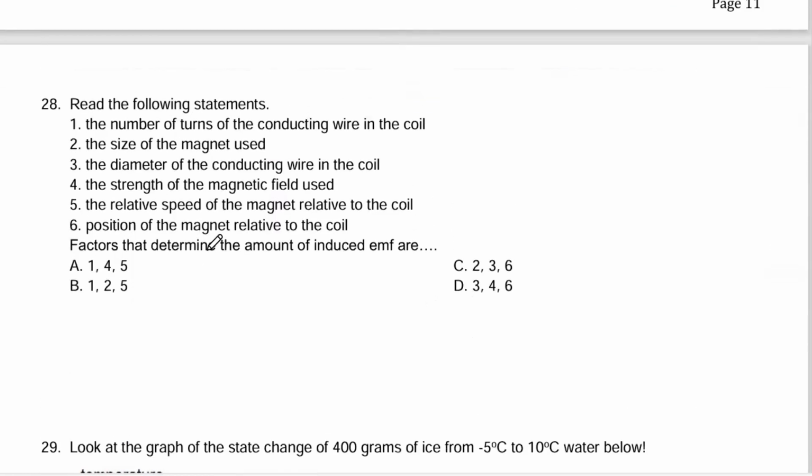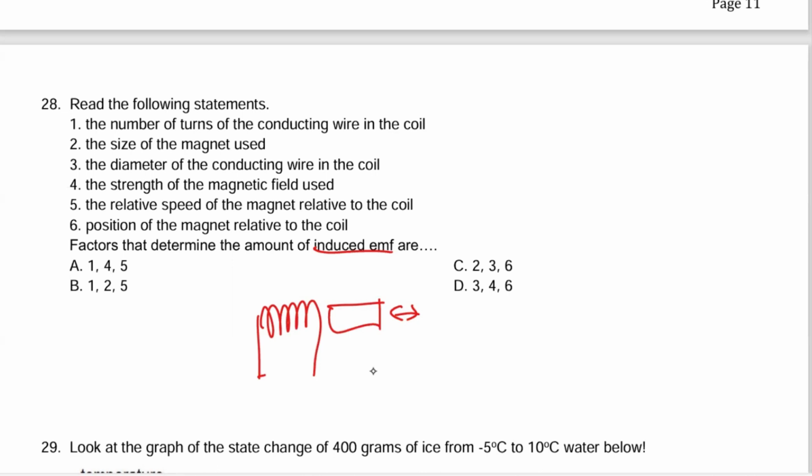Read the following statement, right? Factors that determine the amount of induced EMF is actually based on Faraday's experiment. The Faraday experiment is like when you have a coil and you make the magnet move out and into the coil, right?